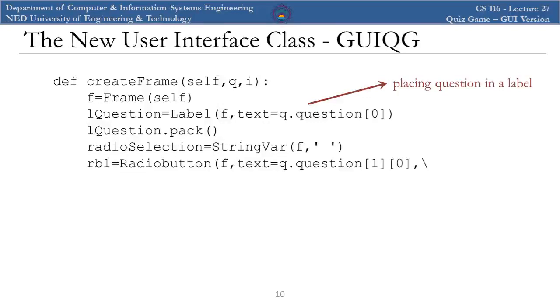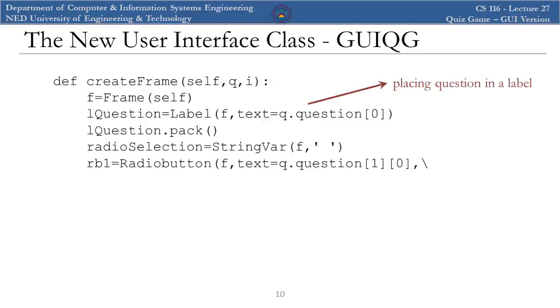It lies there in question index 1, index 0. Then the second option will be in question index 1, index 1, then question index 1, index 2. So that's how my question list has been arranged. So basically this text is equal to q dot question 10. This is simply selecting my first option and placing it as text on this first radio button.